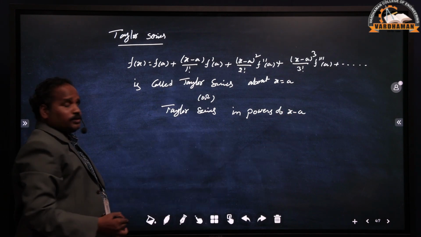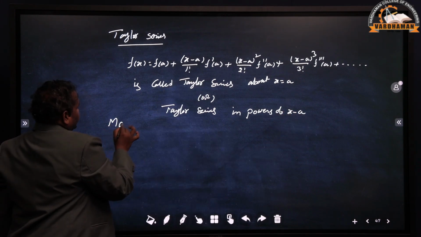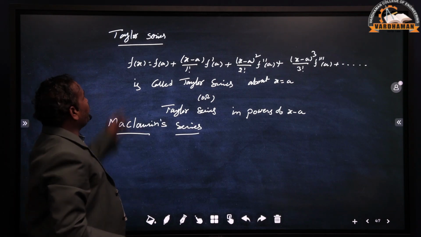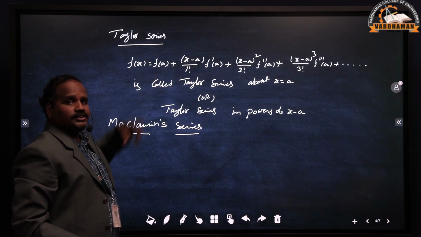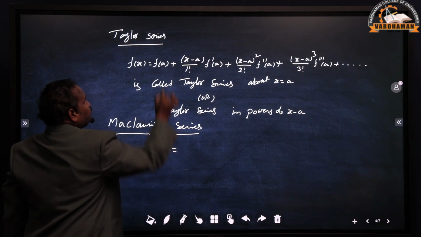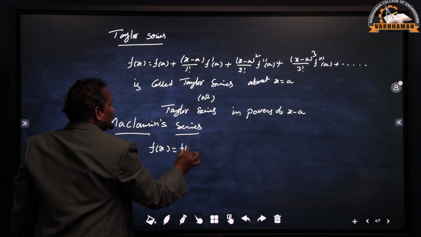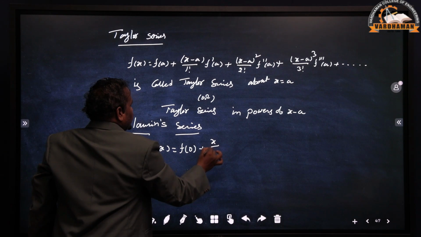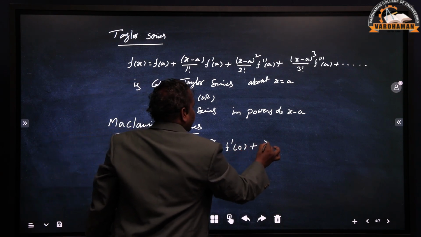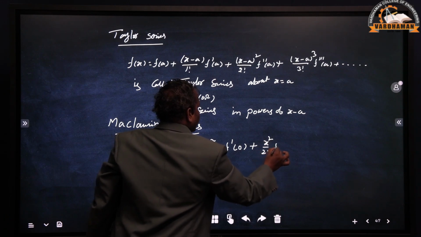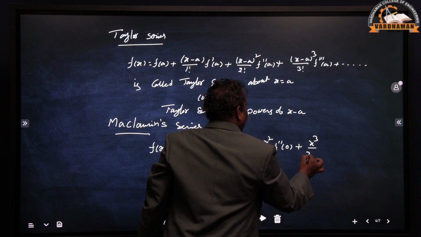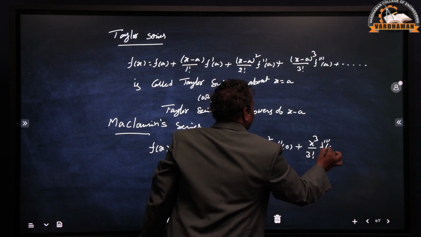Now we are going to discuss the Maclaurin series. The Maclaurin series comes from the Taylor series by replacing the value of a with 0. So f(x) is f(0) plus x/1! into f'(0) plus x squared/2! into f''(0) plus x cubed/3! into f'''(0) plus and so on.